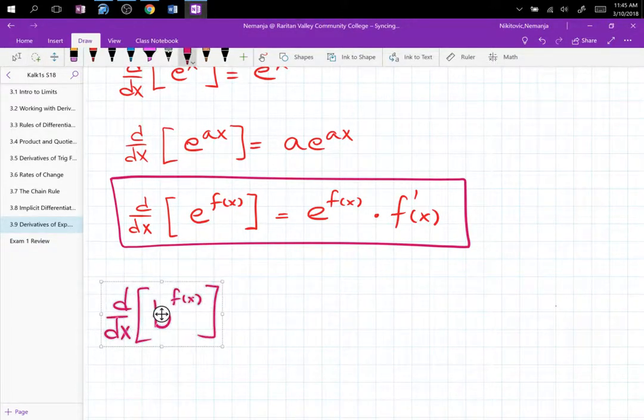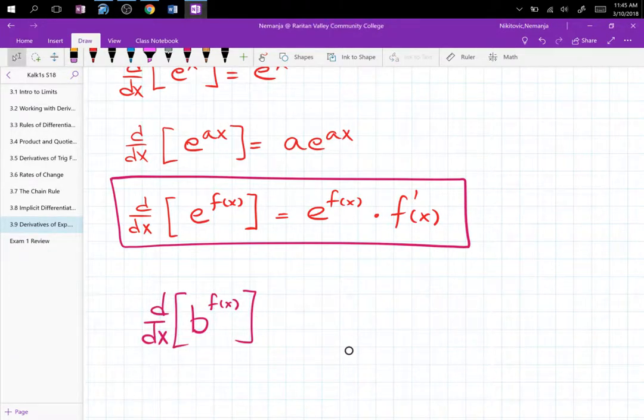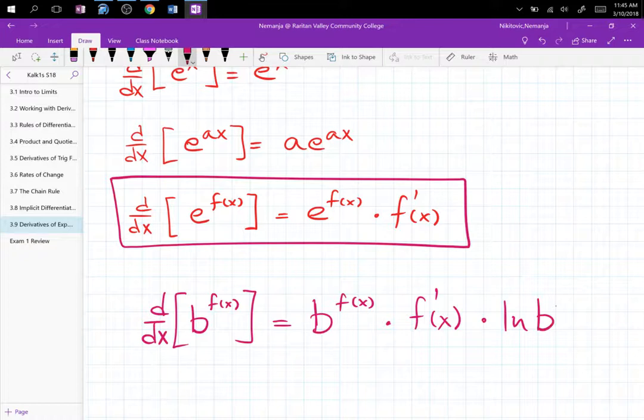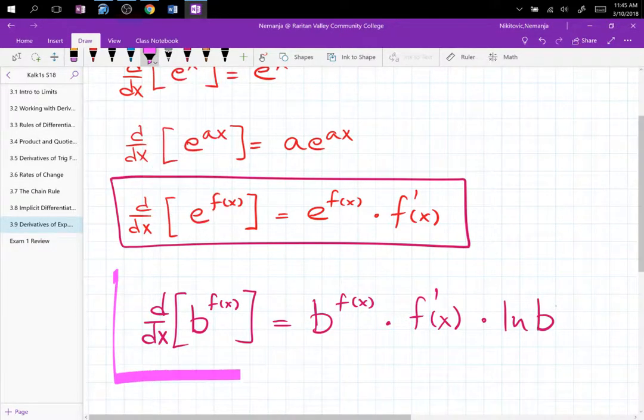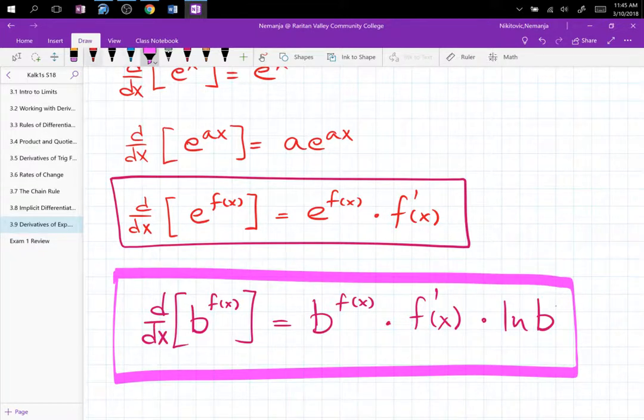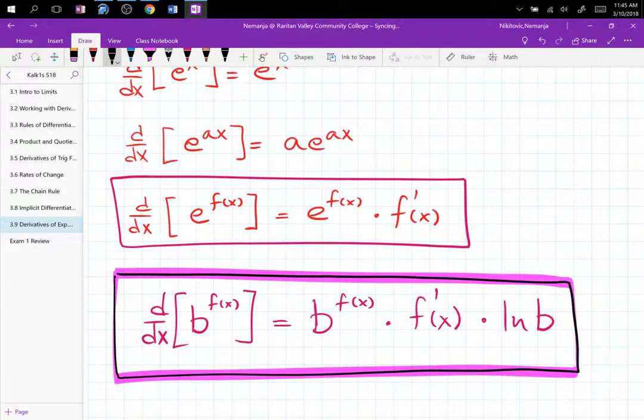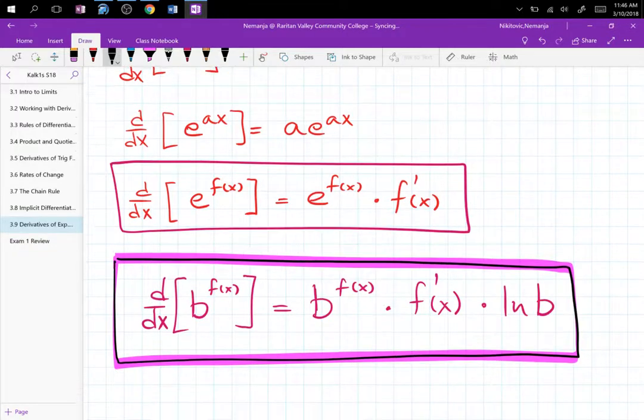And the formula for this is going to be copy what you see, times the derivative of the exponent, times ln b, ln of the base. So this would be the most general formula that you can get for exponential functions.